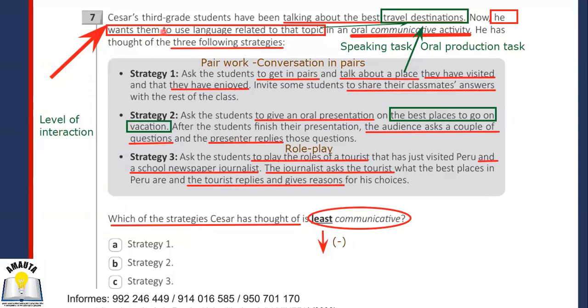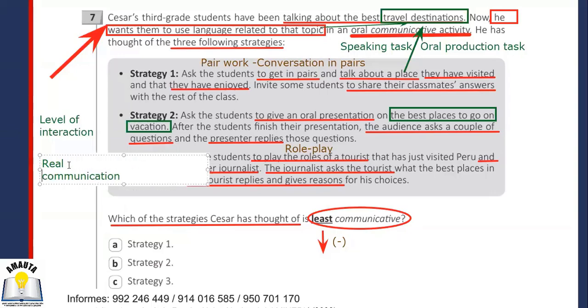You also should pay attention to what is real communication, authentic activity, right? What's real communication versus a controlled practice, right? In which students are not autonomous.